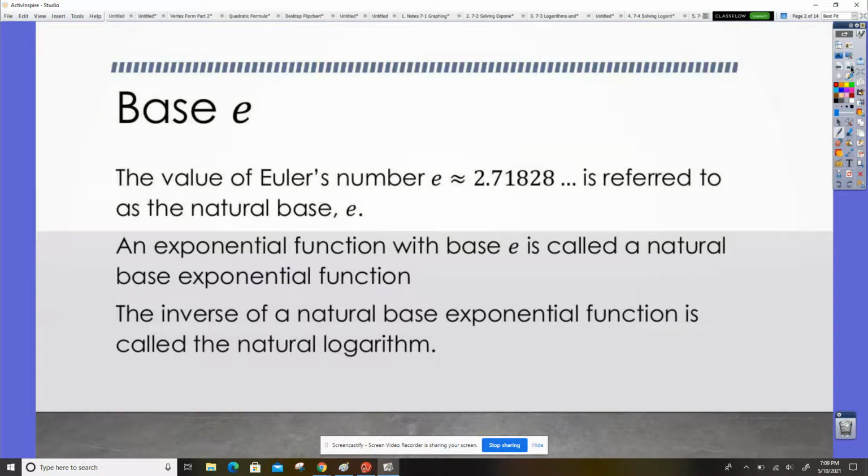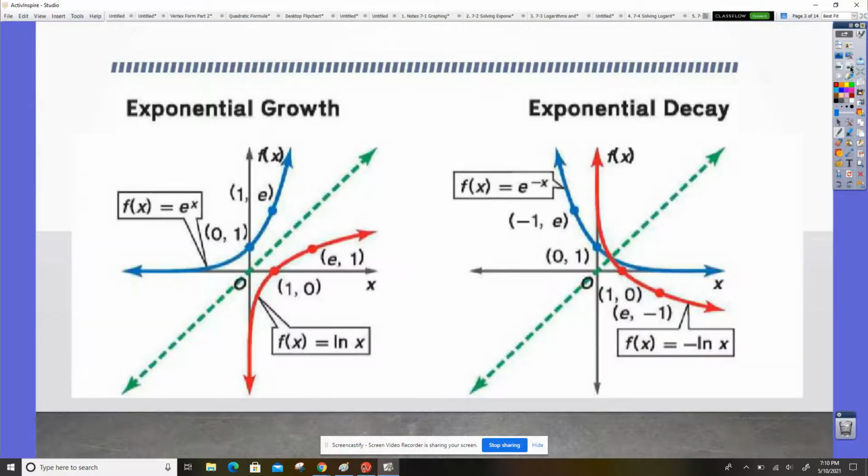The inverse of a natural base exponential function is called the natural log, which are the two things we are going to be looking at today: natural base exponential functions and natural logs. So E is just a variable that represents this number, 2.71828, etc.